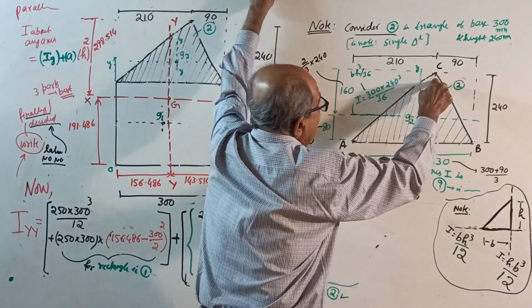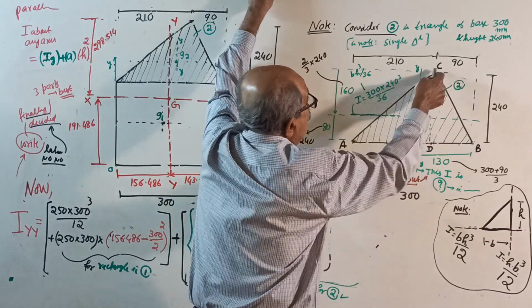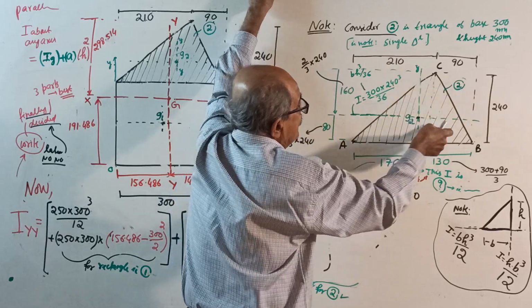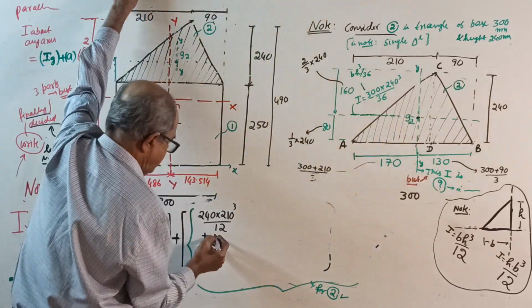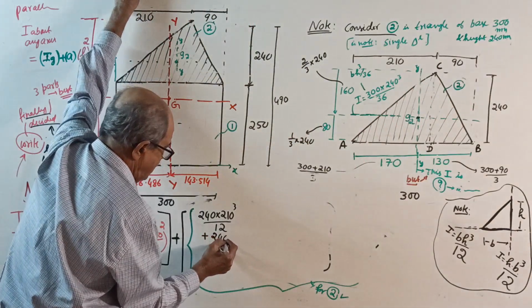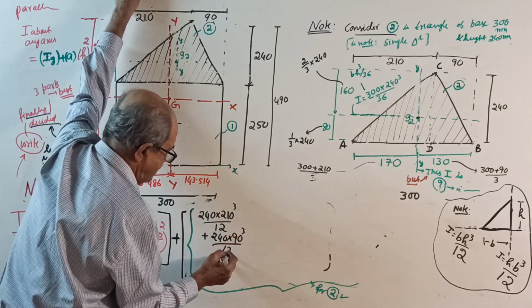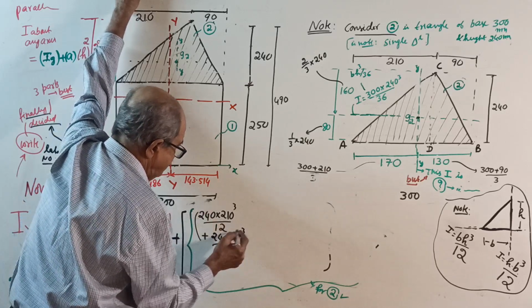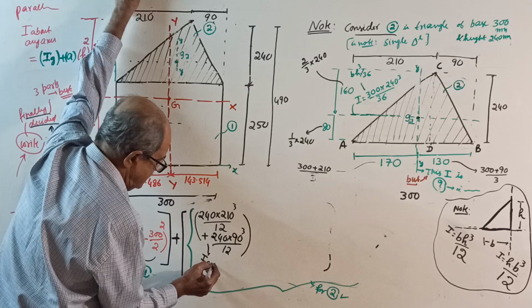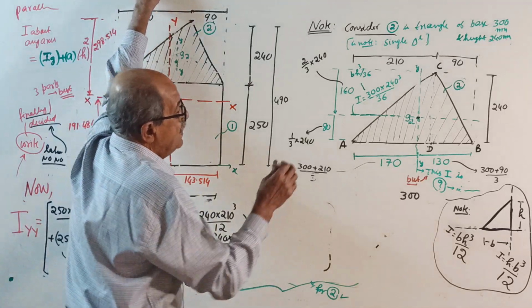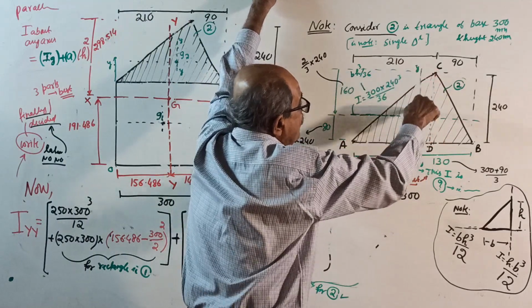I about the CD is 240 into 210 cube by 12, plus again 240 into 90 cube by 12. This is your I about CD. But we want I about this axis.